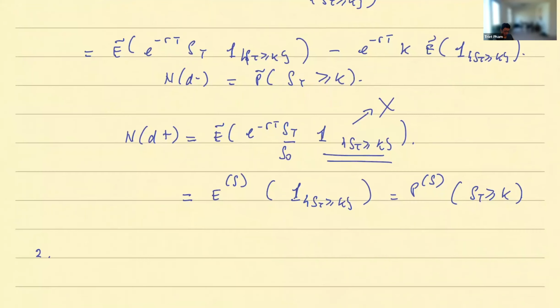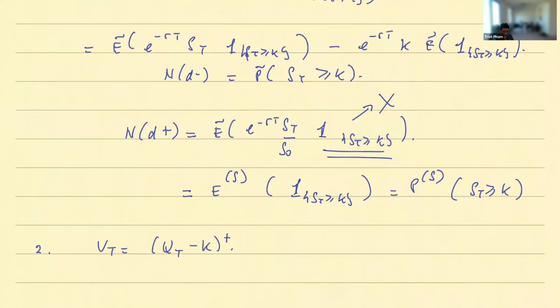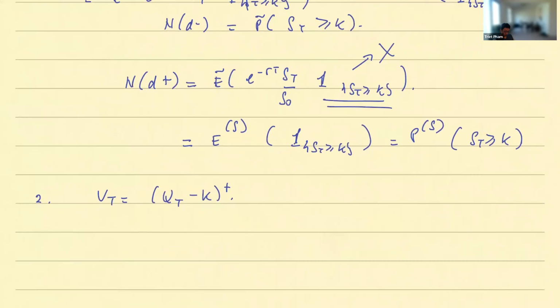All right. Second, let's take a look at the call option on the exchange rate. V0 here would be e to the minus RT times the expectation of QT minus K plus, no problem.